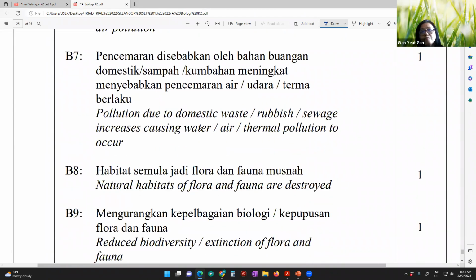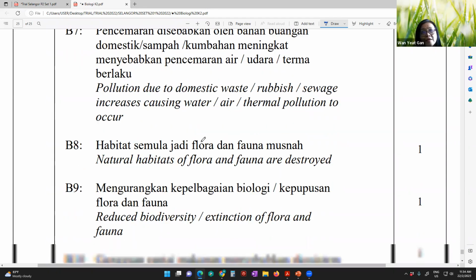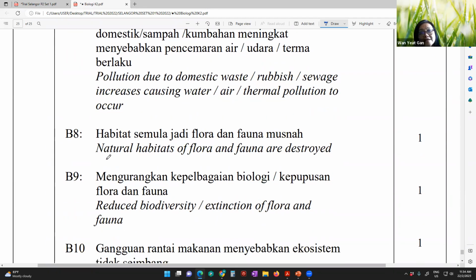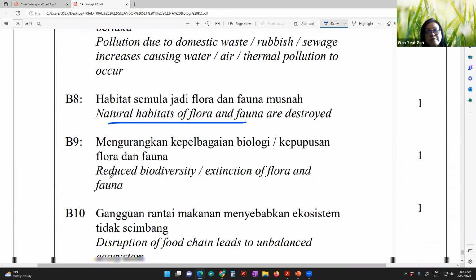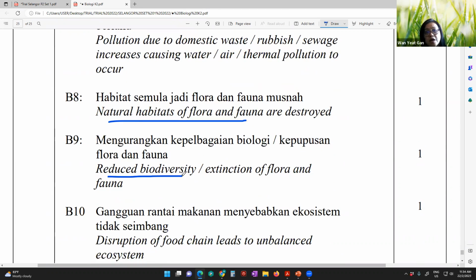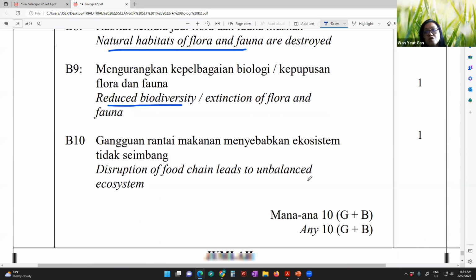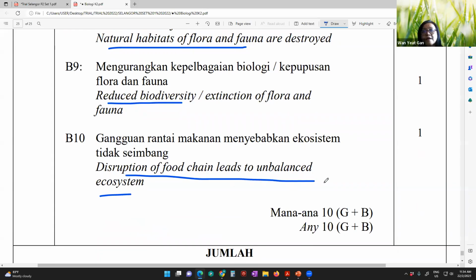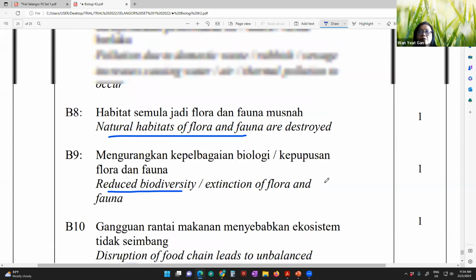And all this pollution also leads to more rubbish, more domestic waste that will affect the natural habitat of flora and fauna. So the natural flora and fauna are destroyed because of the deforestation, and the biodiversity will be reduced, and this disrupts the food chain, which leads to an unbalanced ecosystem.